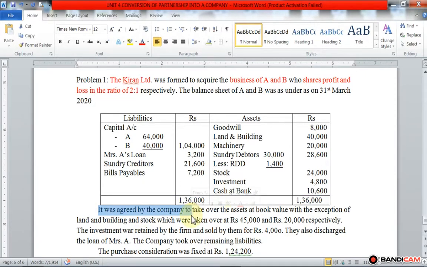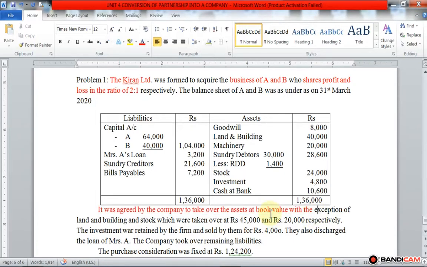It means Kiran company has to agree to take over the assets at book value, with the exception of land and building and stock, which were taken over at rupees 45,000 and rupees 20,000 respectively.